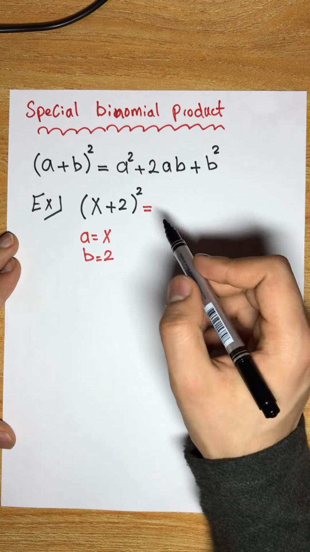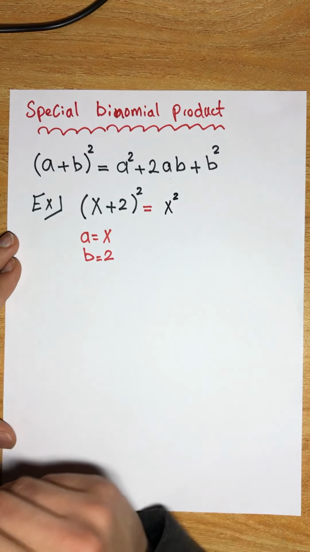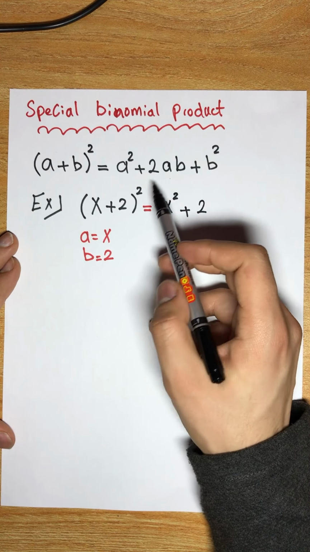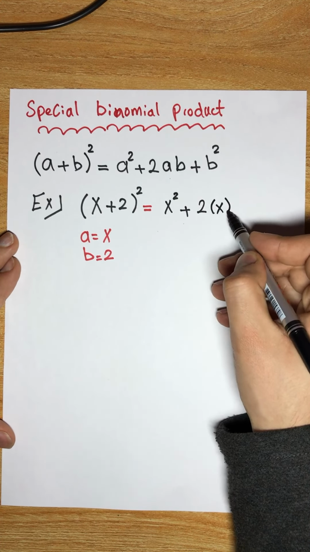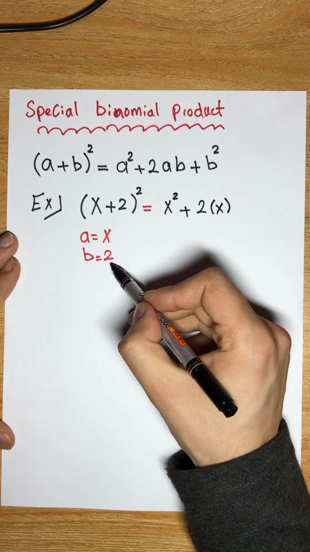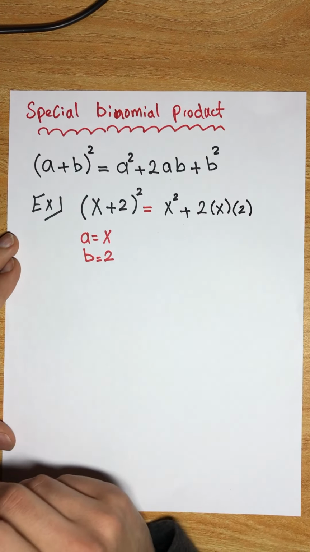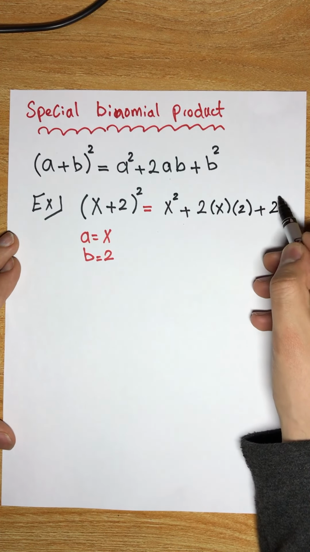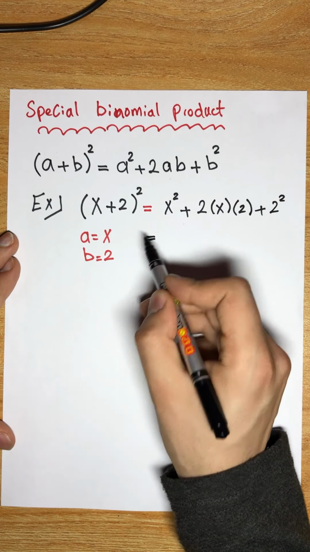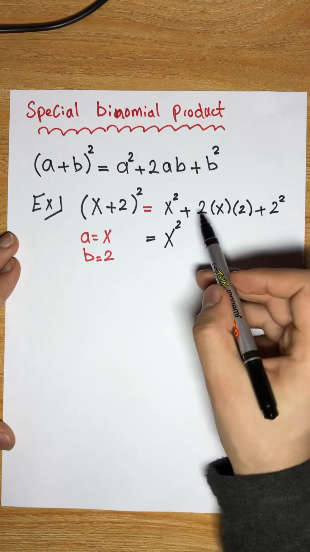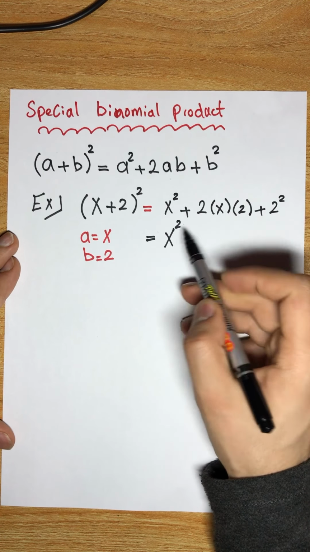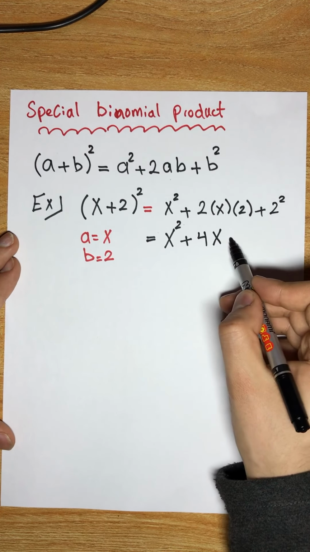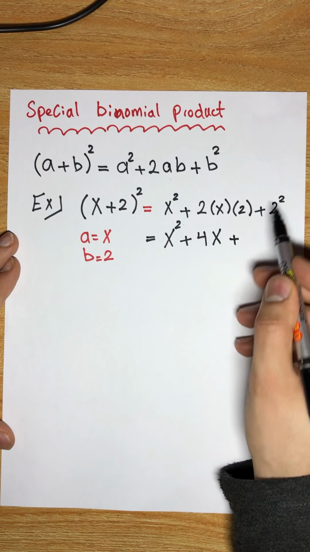So a squared means x squared, plus 2 times a, which is x, times b, which is 2, and then plus b squared, that means 2 to the power of 2. Okay, now this one is equal to x squared, and then we have to multiply 2 by 2 equal to 4x, and then plus 2 to the power of 2 is 4.